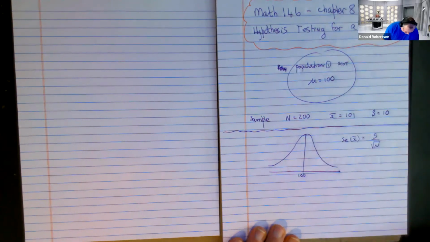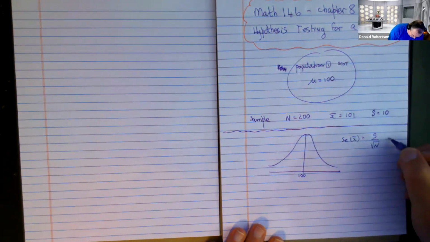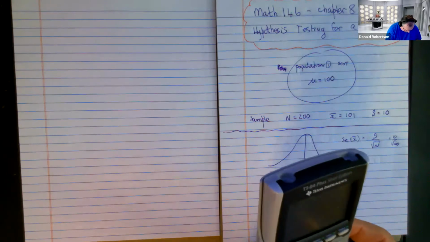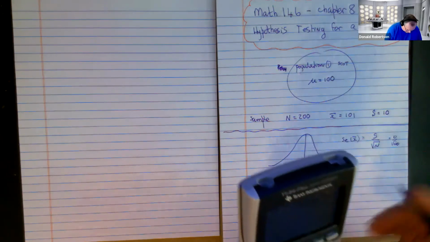That's its formula. And in this case, you would get 10 over the square root of 200. It's about 0.7.